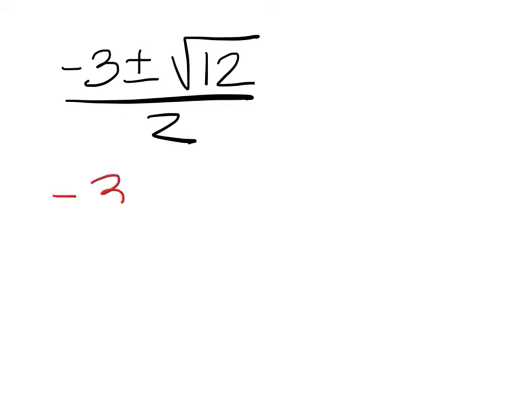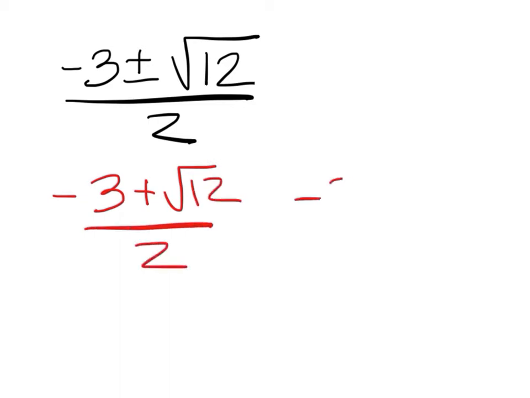You're going to do negative 3 plus square root of 12 over 2 and negative 3 minus square root of 12 over 2.